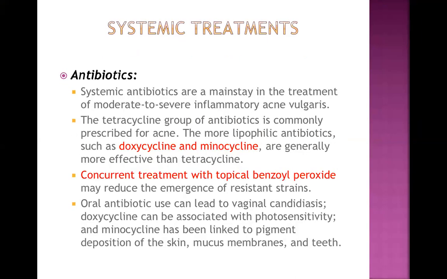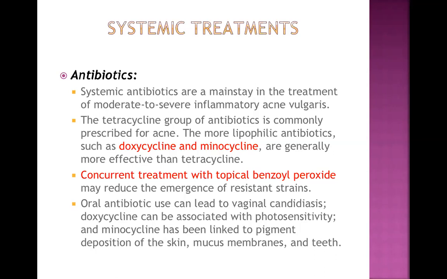Now, if the acne is very severe, like nodulocystic acne or severe type of acne, we have to go for a systemic antibiotic, and the most commonly used drugs are doxycycline and minocycline. We have to give them for a long time, at least 1 to 2 months.